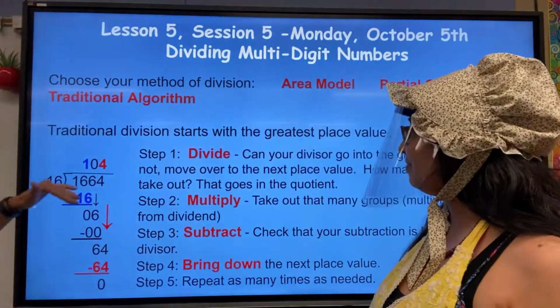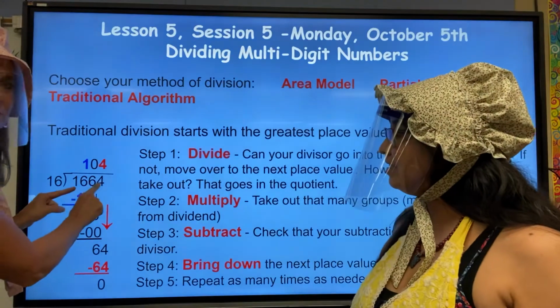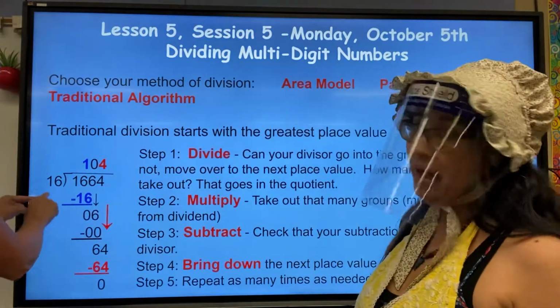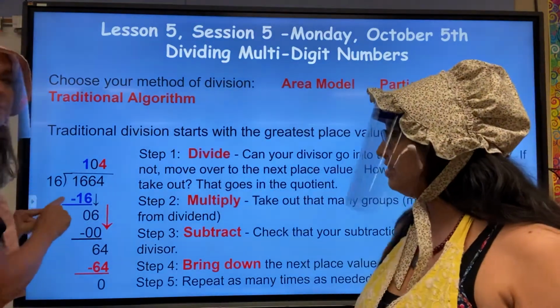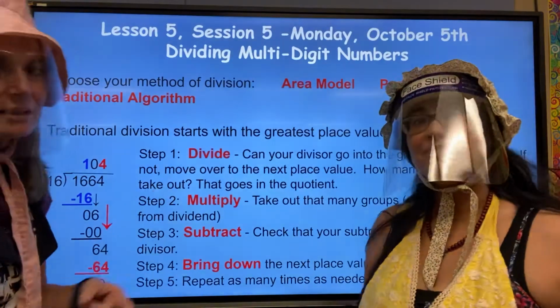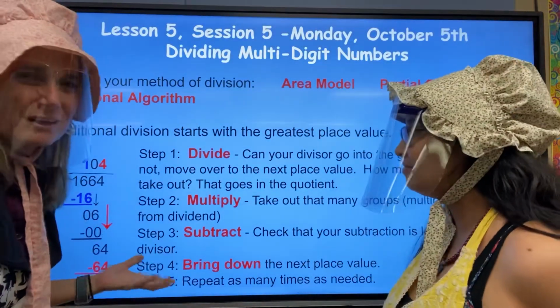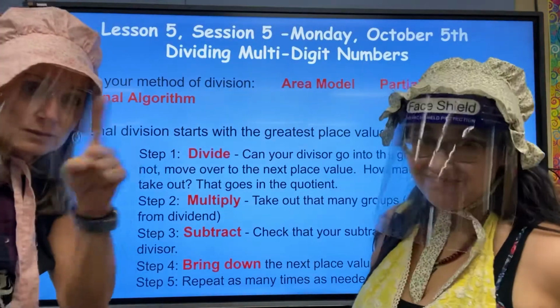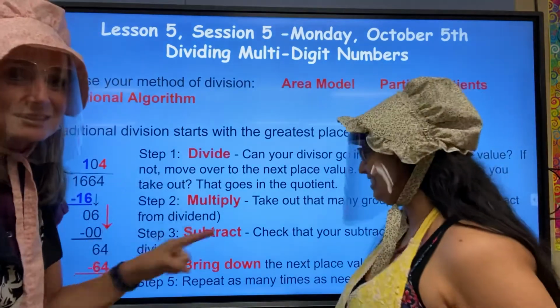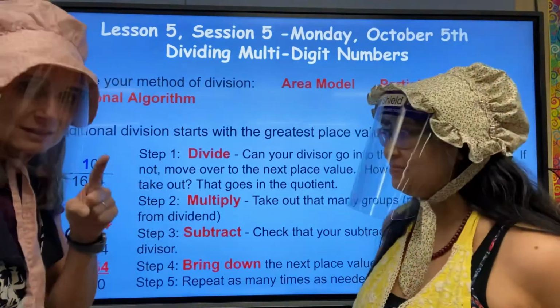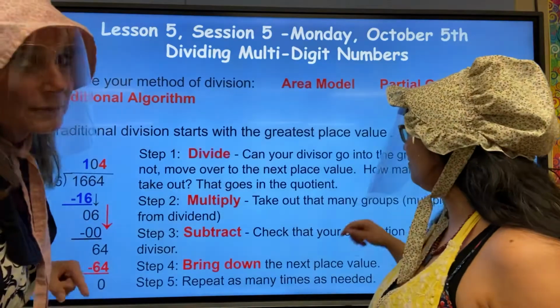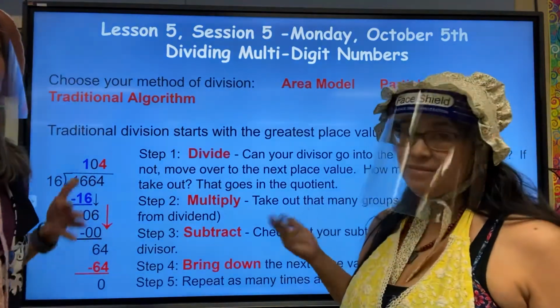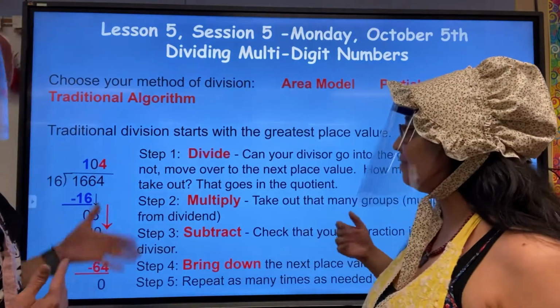So this problem that we started with, 1,664 divided by 16. You probably thought in your head, well, it's going to be around 100. You use those compatible numbers, and you knew that 16 times 100 would give you 1,600. We always want to start thinking there. But then you're just going to choose the number you're going to start with.